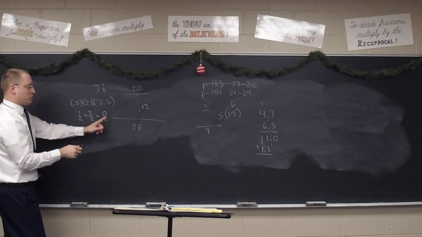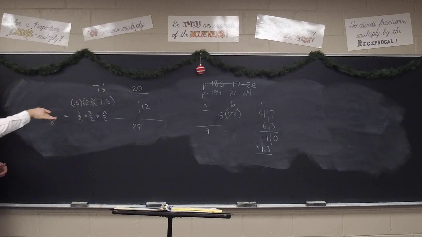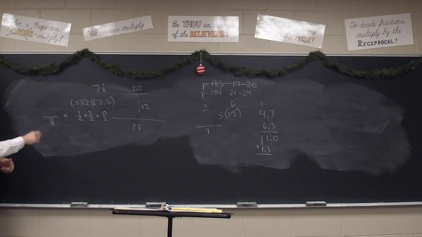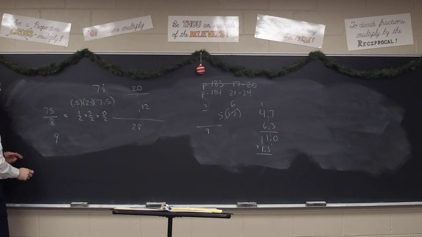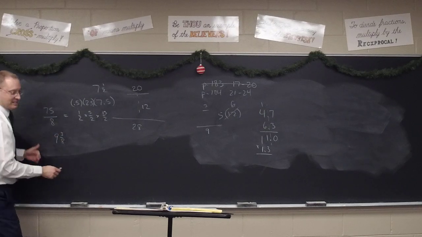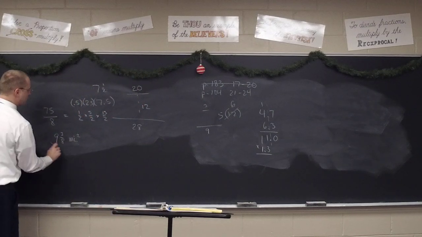Multiply 2 times 2 times 2 across the bottom. 8. 1 times 5 times 15 in the top. 5 times 15 is 75. How many times would 8 go into 75, class? 9. How many left over? 3. So we could say 9 and 3 eighths miles squared or square miles.